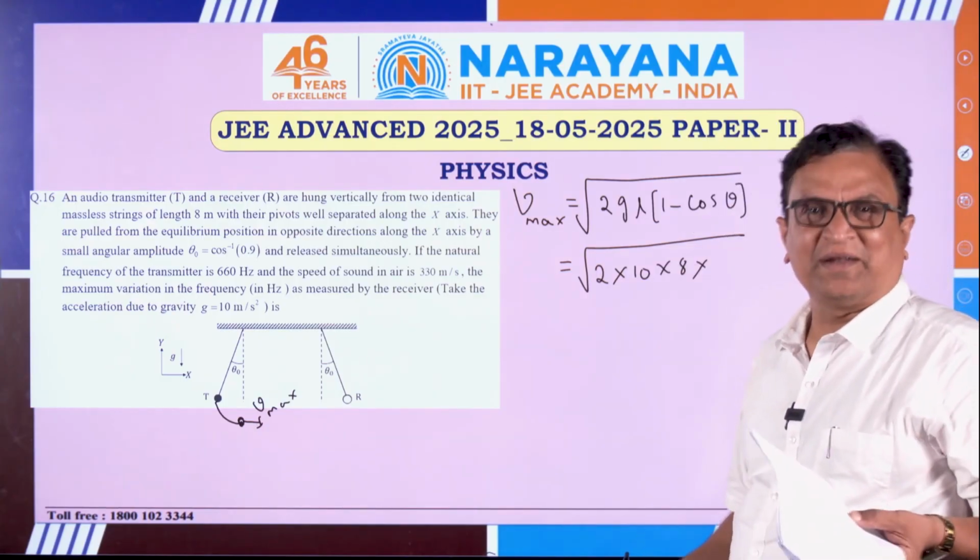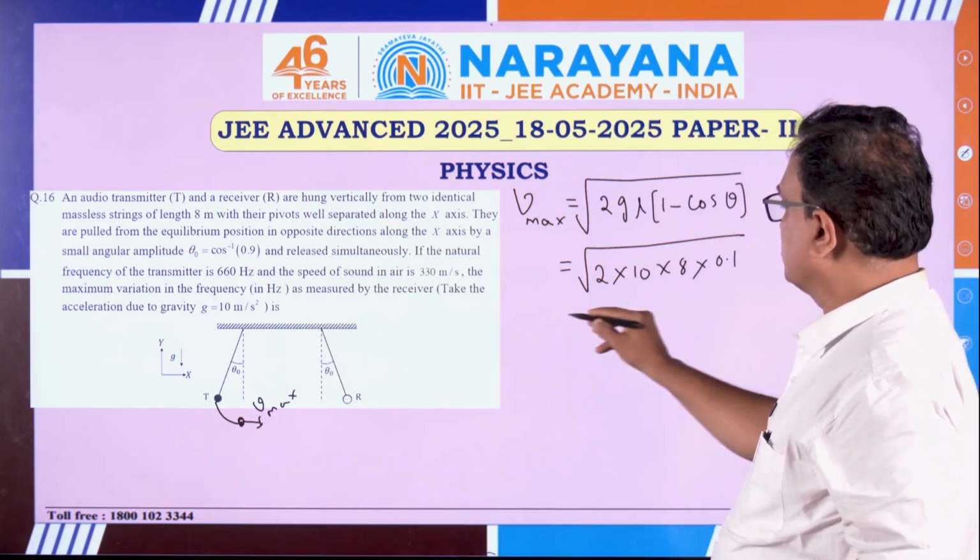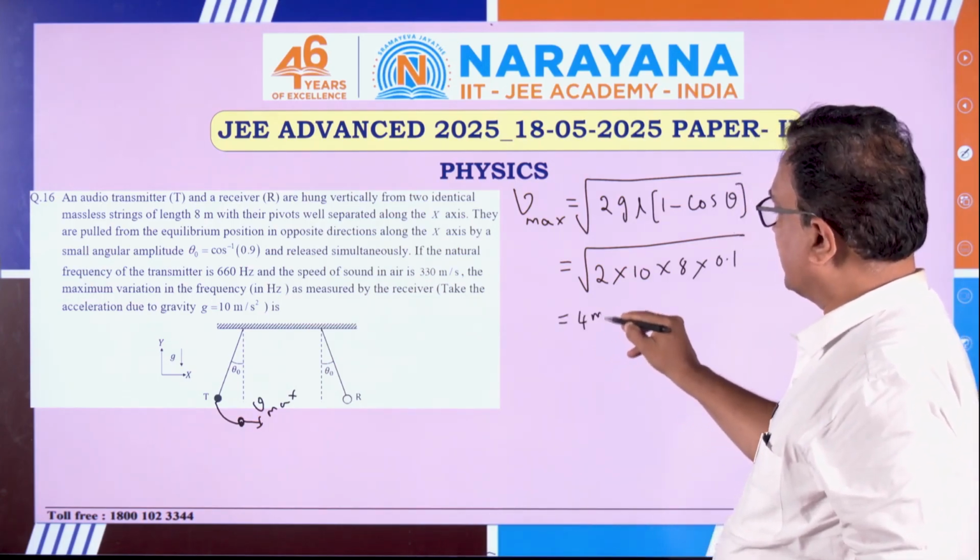They mentioned cos theta is 0.9, so this will become 0.1. Almost this will become 4 meter per second.